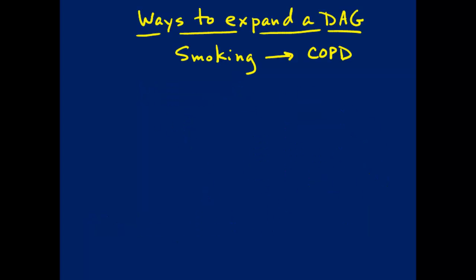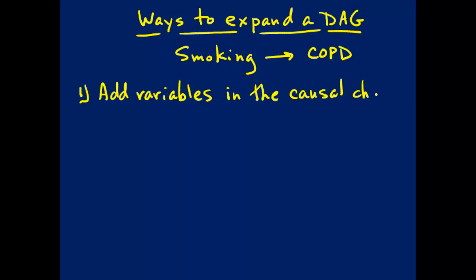So this gets to a very important principle. And to see the principle, I first want to point out the two basic ways that you can expand a DAG. So let's use the example of smoking as a cause of COPD. The first way that you can expand a DAG is to add variables in the causal chain.